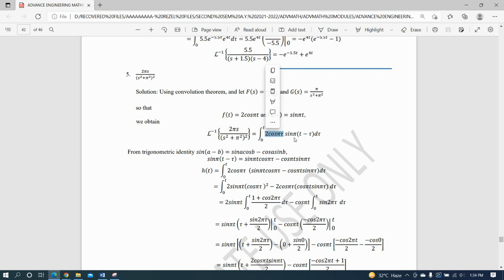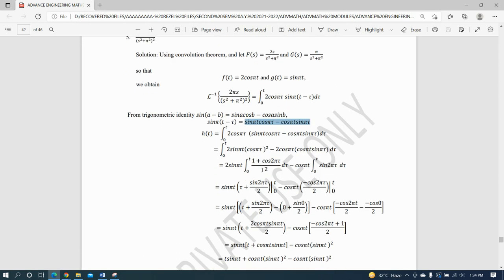So we replaced t with t minus tau. And then again, this one cannot be integrated immediately, so we applied an identity again. And then that is simply equal to this one. So we substituted, and this is the result. Then we simplified and multiplied, and this became the result. So we multiplied 2 cosine pi tau here.